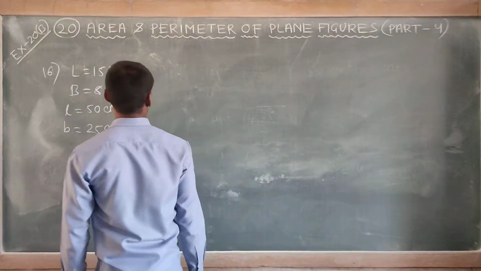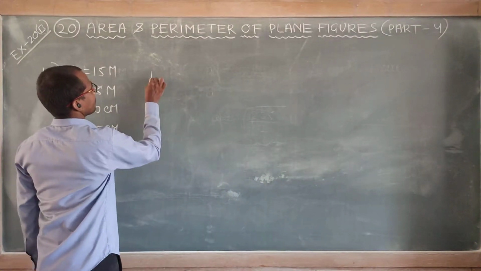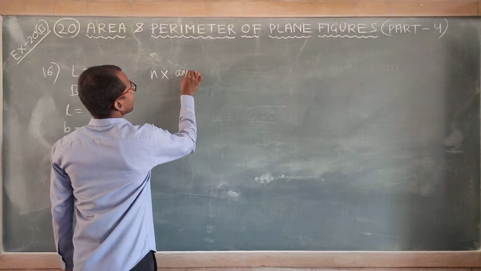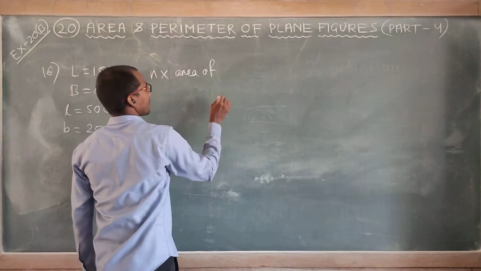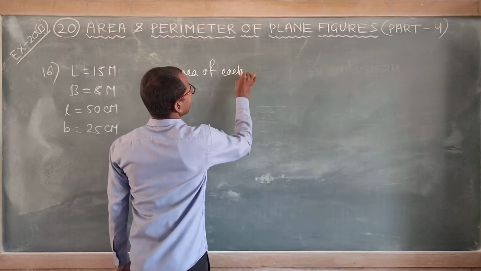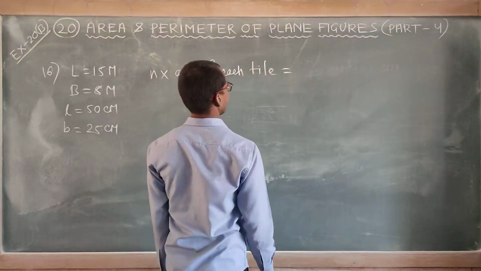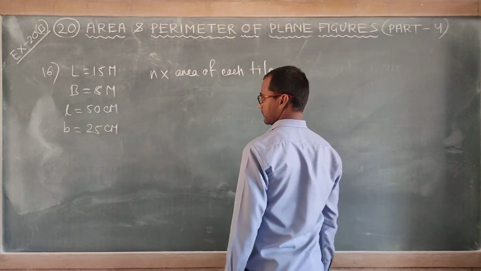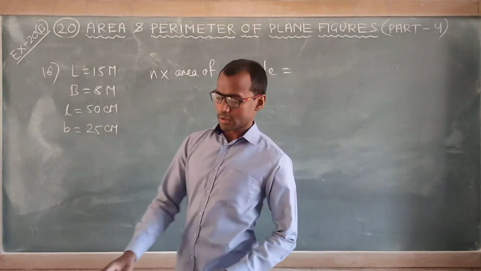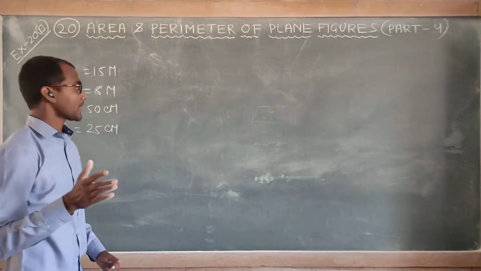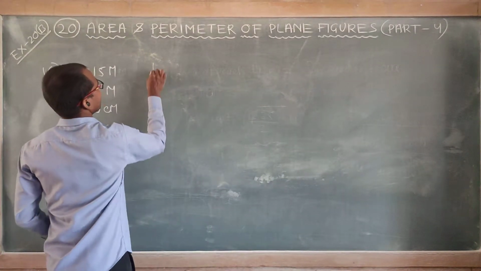So the formula will be n into area of each tile is equal to area of floor. Let us find the area of each tile and the area of the floor.